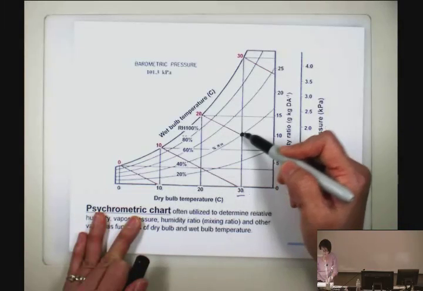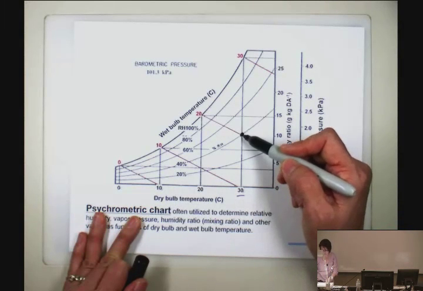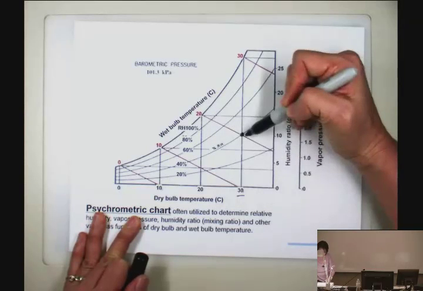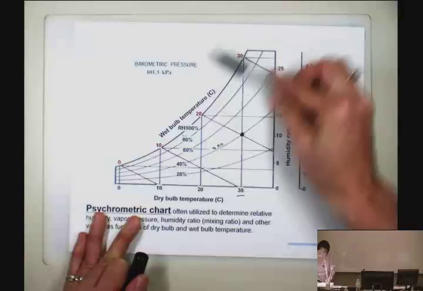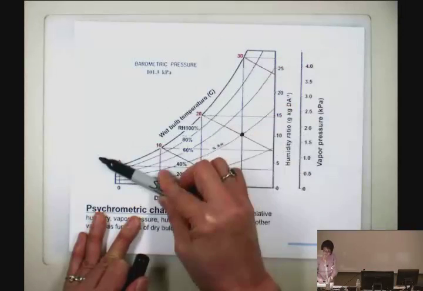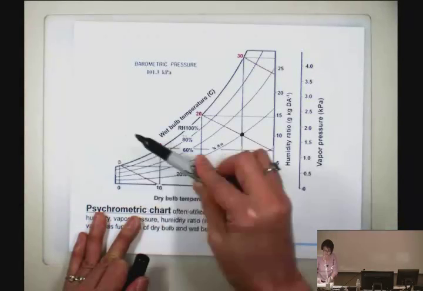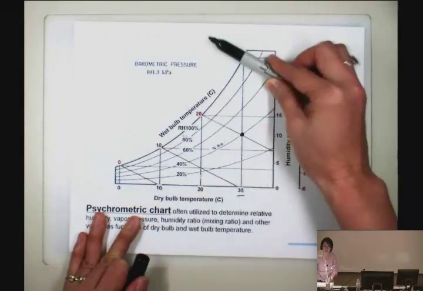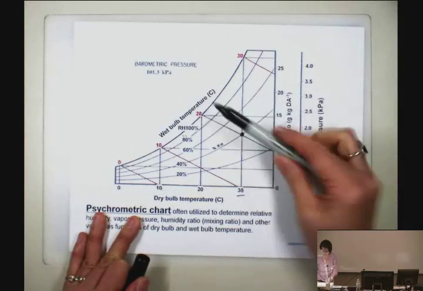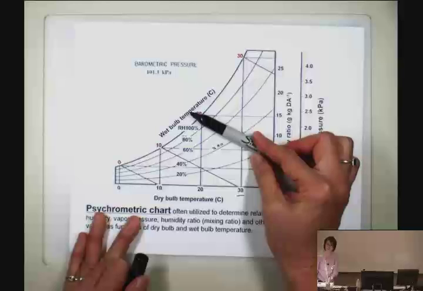As soon as I know this, I can find the wet bulb temperature. The wet bulb temperature is plotted in a diagonal way like this. 0 degrees C wet bulb temperature, 10, 20, 30. This is close enough to the 20 degrees C wet bulb temperature line.